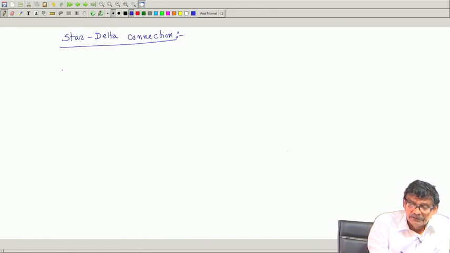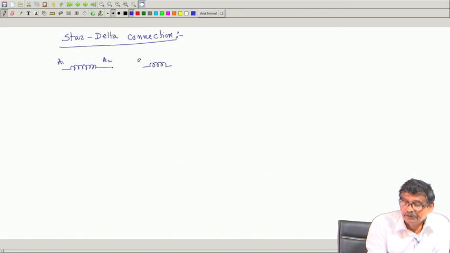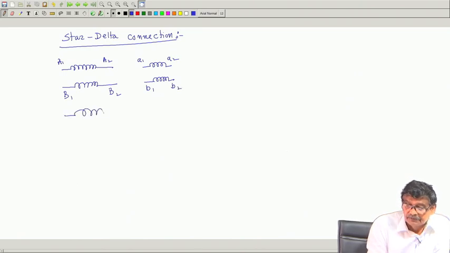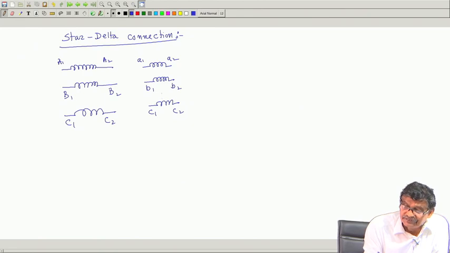So, once again follow the steps: draw the coils A1, A2 with each secondary small a1, a2, second transformer B coil B1, B2, and third transformer C1, C2 and its secondary. The number of turns of each of the secondaries are the same, and each of the primaries are the same.